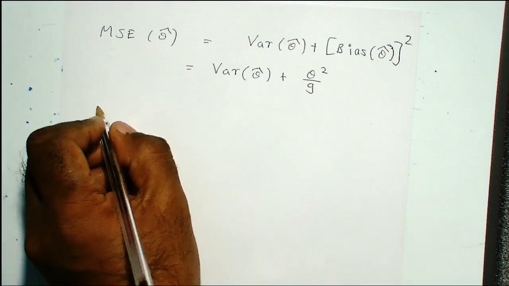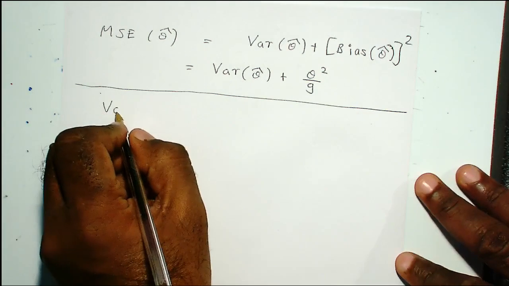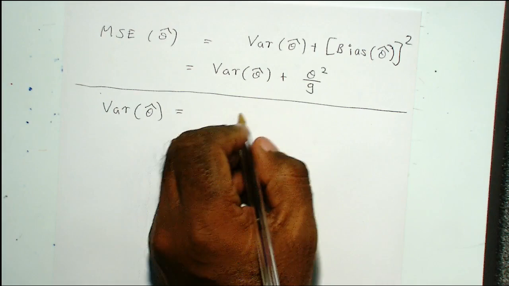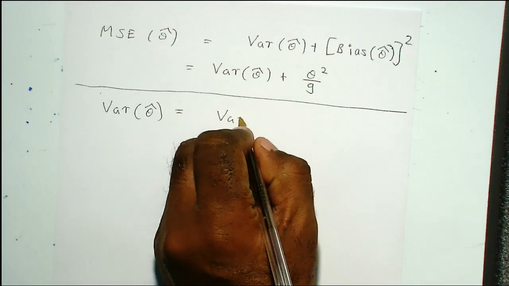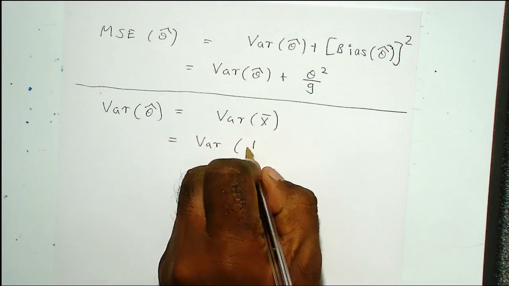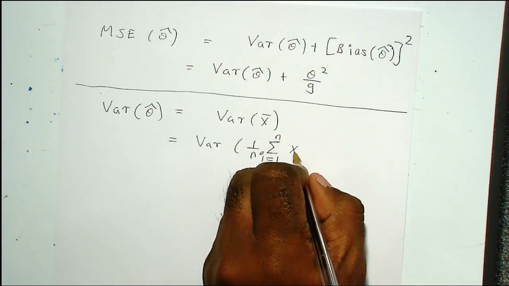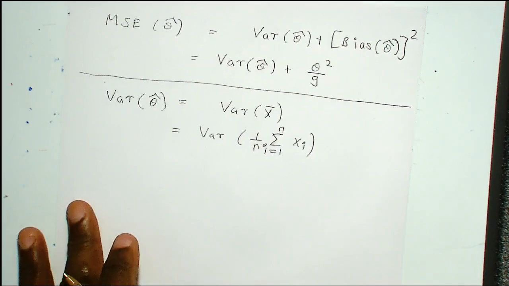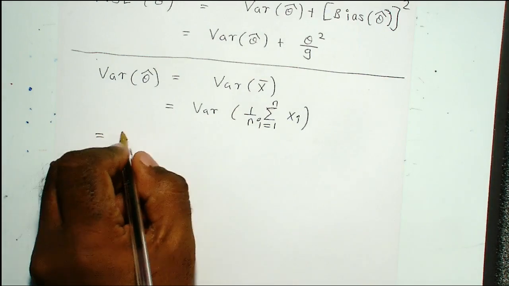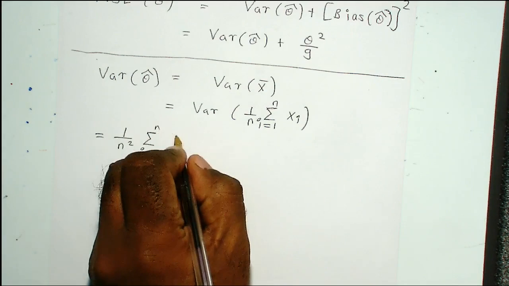So we need to find the variance of x bar. Taking the variance inside, you get 1 over n squared times the sum of the variance of xi.